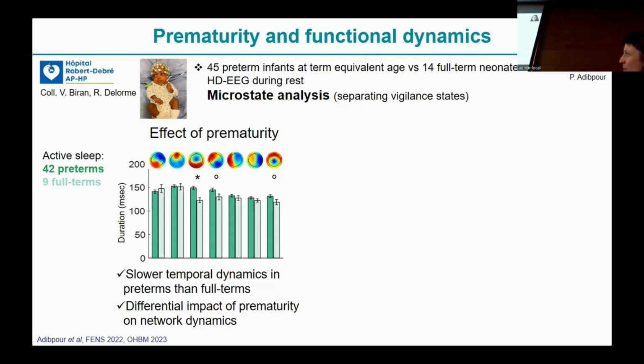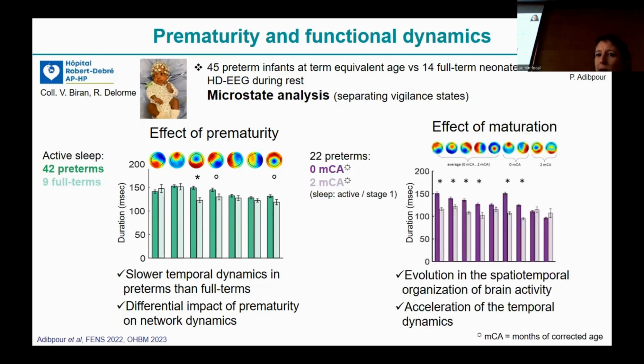So we call them microstate templates. And what we see globally is that the temporal dynamics of the preterms at term equivalent ages are actually slower than in full term, and that prematurity differentially affects the network dynamics again. So as for the MRI, we also have the follow-up at 2 months. So we try to see how maturation impacts this.